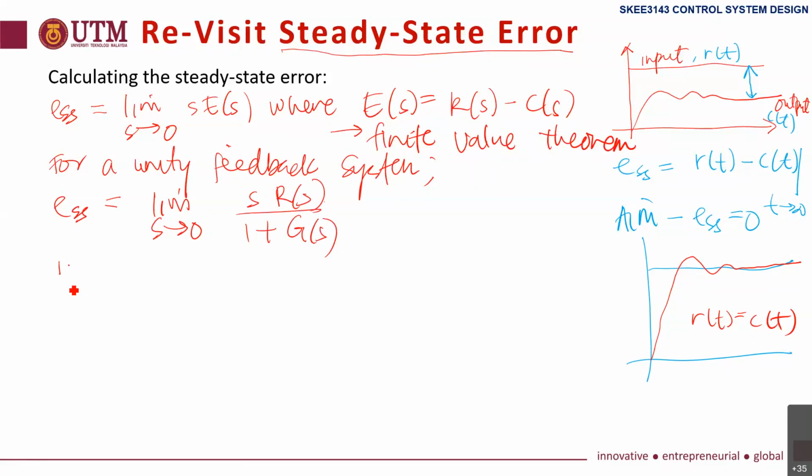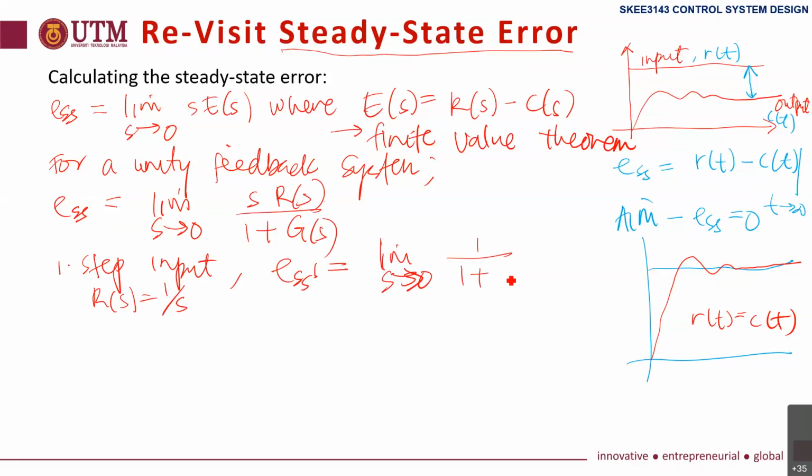And we have three inputs, step input first. If step, then R(s) equal to 1 over s, then we get limit s to 0. We cancel s here, it becomes 1 over 1 plus G(s).